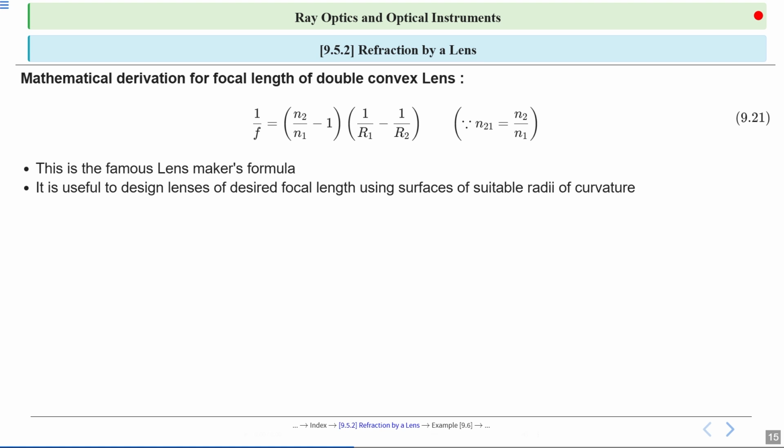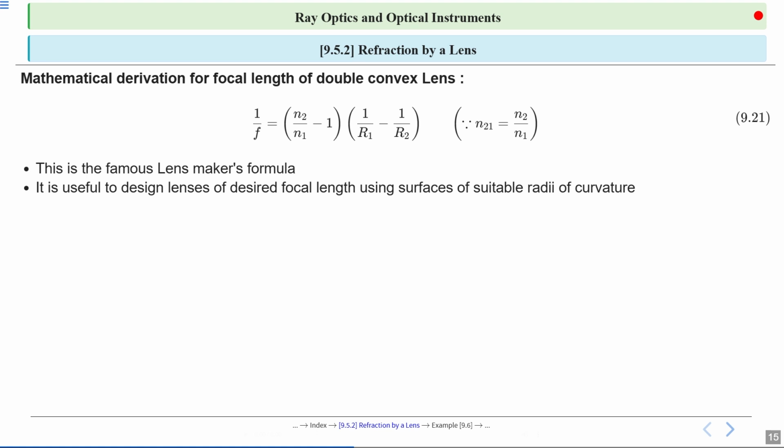It is used to make lenses, to design lenses of required focal length. If we want a lens of focal length 20 centimeter, the 20 centimeter is known, and the medium of the lens is also known. So we can modify R1 and R2 according to this F, based on this formula. This formula is used to make lenses.